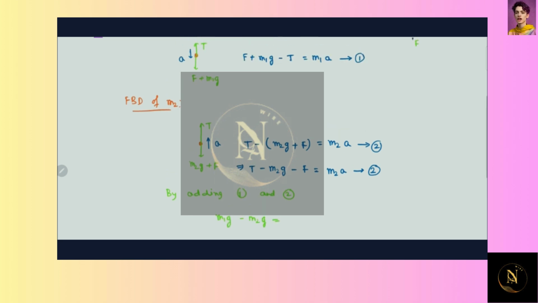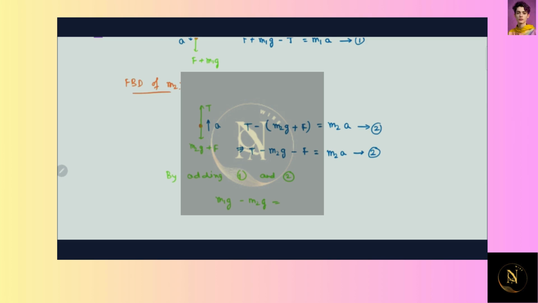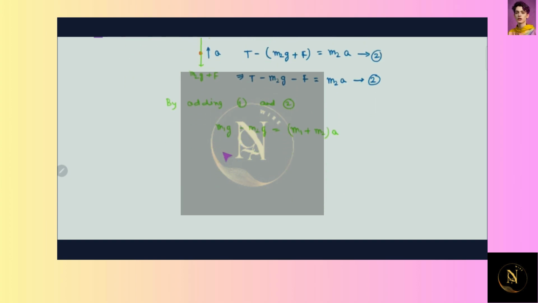On the right hand side we will have M1a plus M2a, which I can write as M1 plus M2 into A. So from here I can write that A, the acceleration of the blocks, is going to be M1 minus M2 times g divided by M1 plus M2.